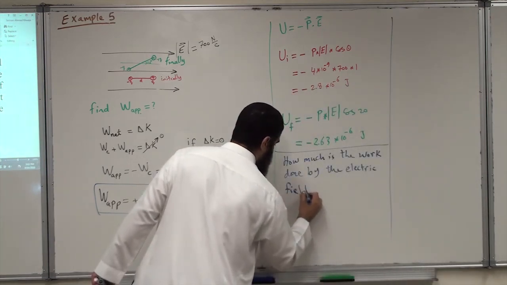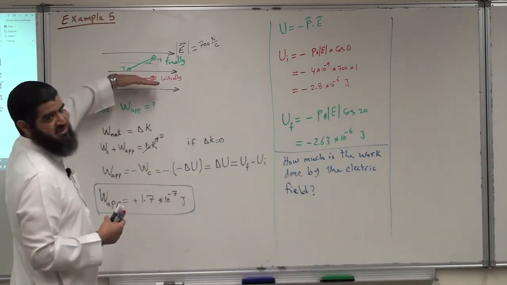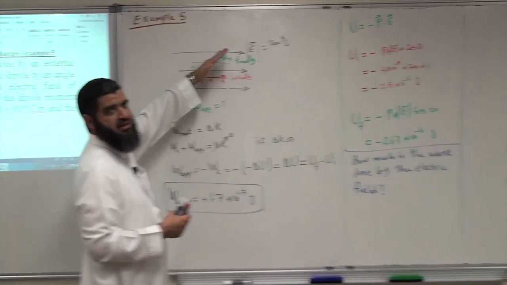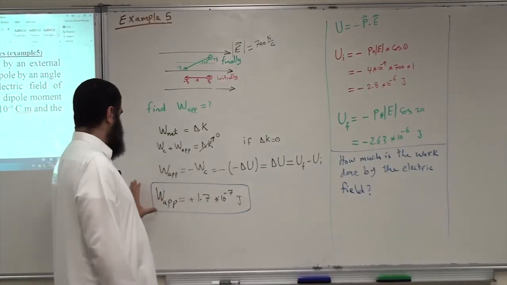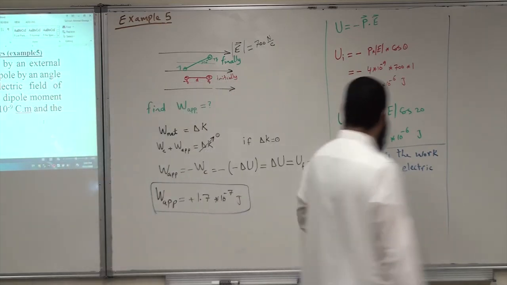So he's asking us for the same situation: initially it was 0 degrees, finally it is 20 degrees. I was asking about the work done by the external force; now I am asking about the work done by the electric field.